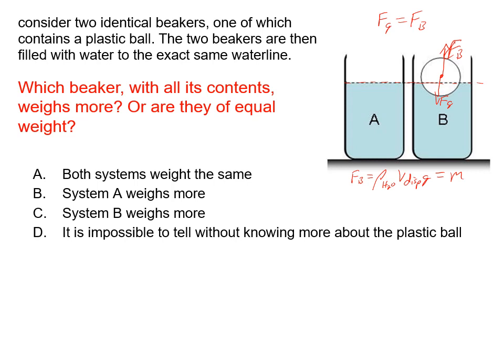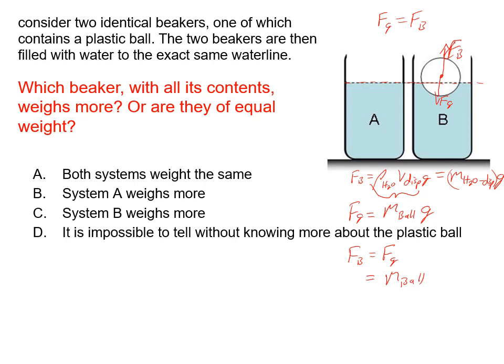The force of gravity is equal to the mass of the ball times g. Since the buoyant force is equal to the force of gravity, we know that the mass of the ball is equal to the mass of the water that's been displaced.